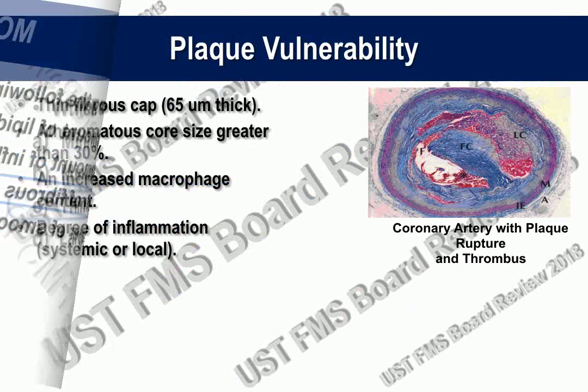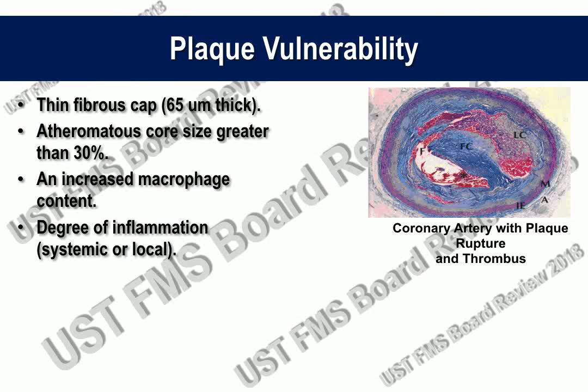your plaque unstable. So plaque vulnerability, the factors would be the following: a thin fibrous cap, a core size of the atheroma that's greater than 30%, increase in inflammatory cells like your macrophage, as well as the degree of inflammation, both systemic or local.